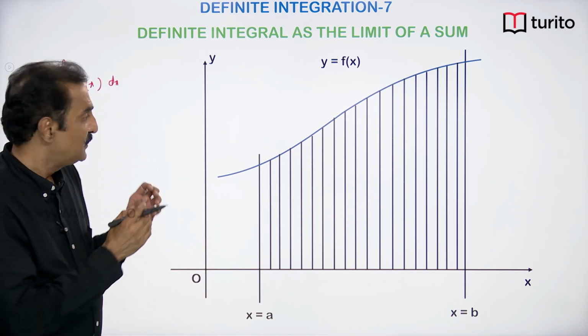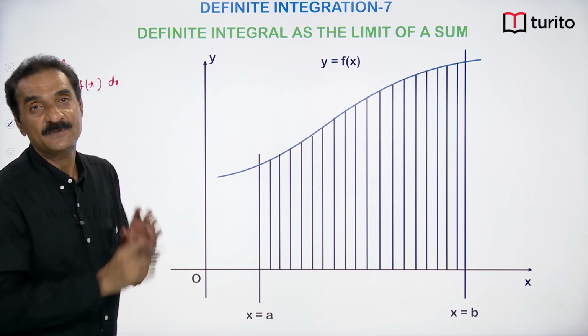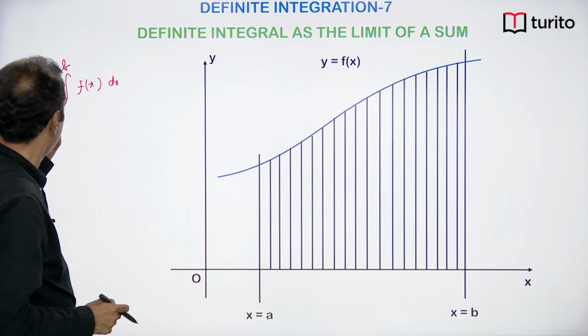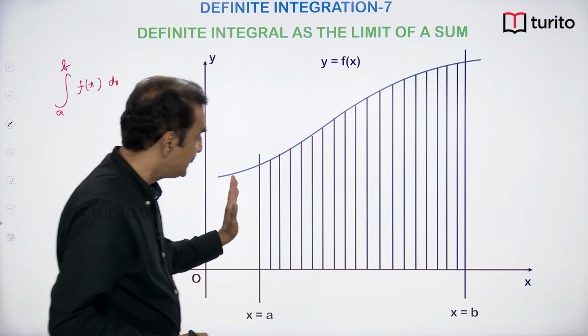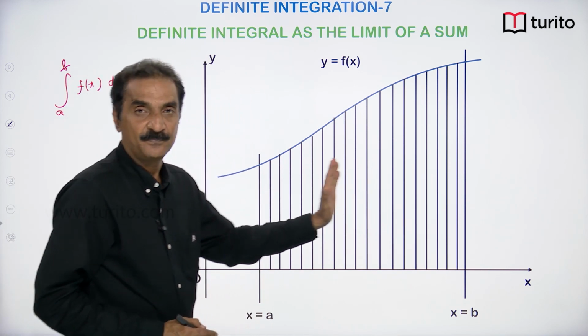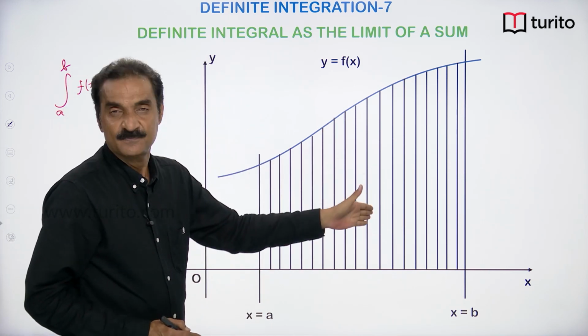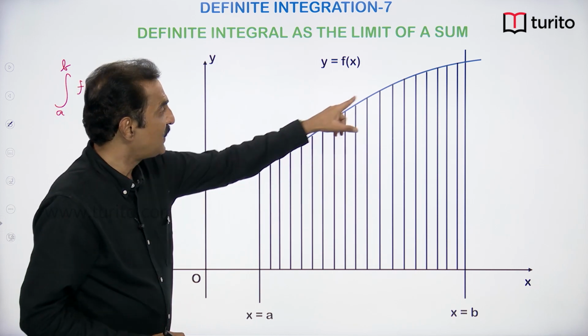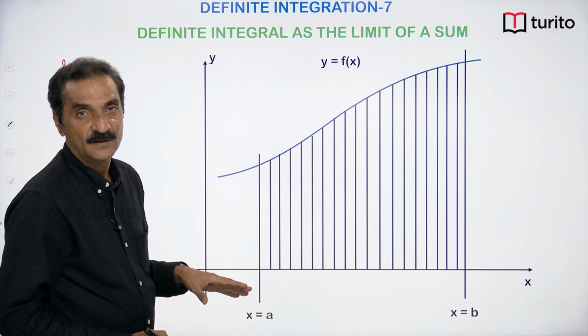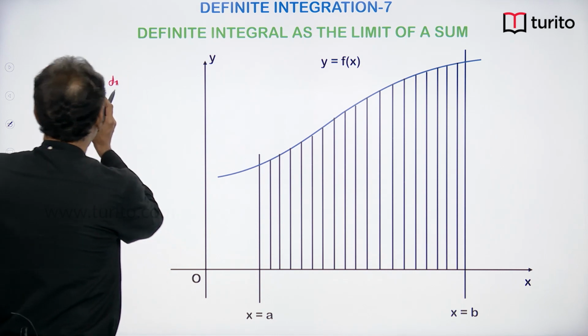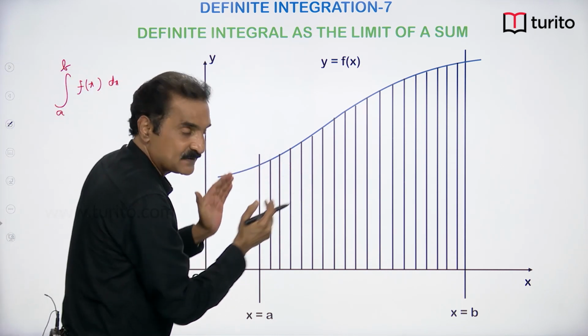Now here we are going to see what kind of summation it is. I have divided the interval a to b into n equal parts. This is the curve y is equal to f of x, and now I want to add all values of f of x in this interval.